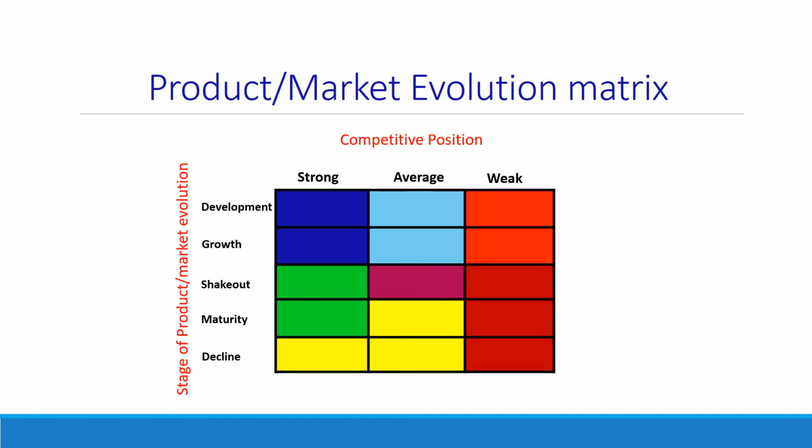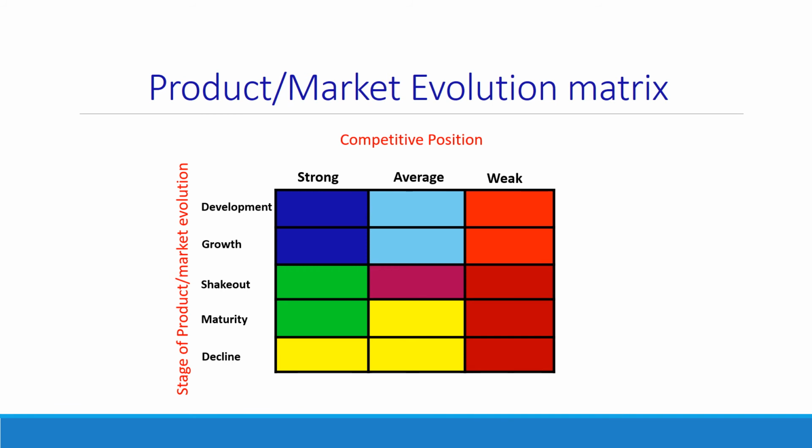Then coming to the next position, that is the business falling in the weak competitive position in any market. The red area, the light red and the dark red. All these businesses are potential losers, we can say. Therefore, they can be considered for divestment, especially those coming in the mature and the declining market.